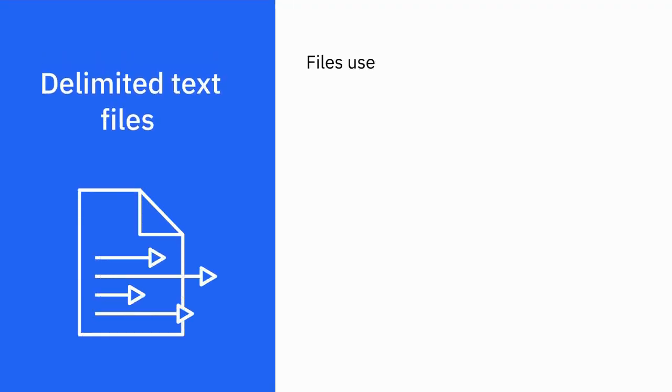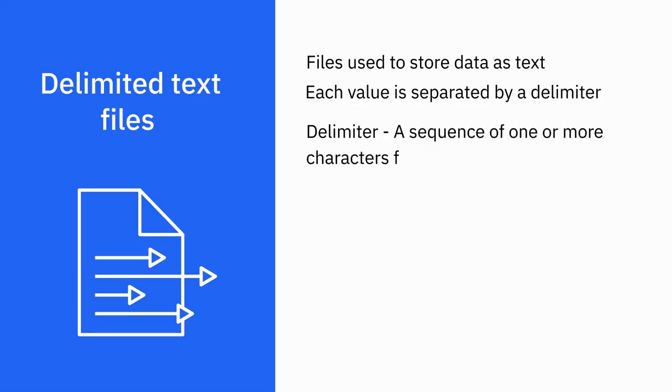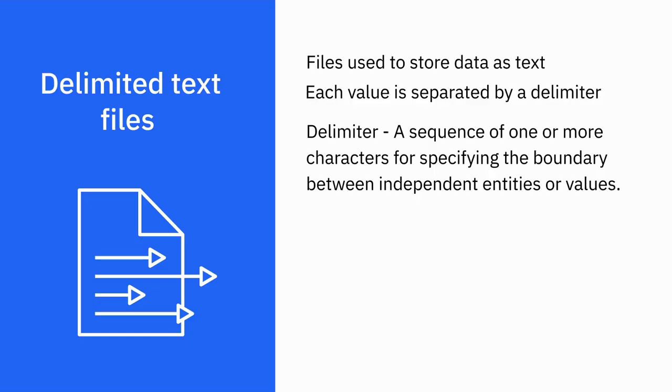Delimited text files are text files used to store data as text in which each line or row has values separated by a delimiter, where a delimiter is a sequence of one or more characters for specifying the boundary between independent entities or values.